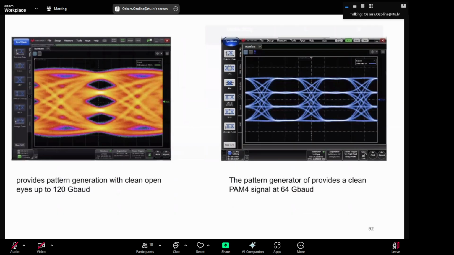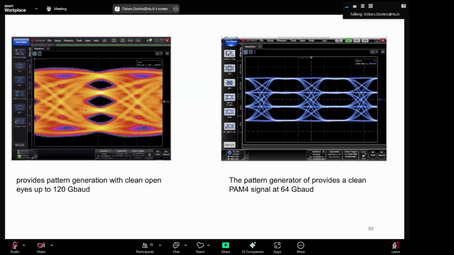Right. Then there are also some eye diagrams from test and measurement equipment. On the left and on the right, we get different shapes of signals that we're going to talk about later on.